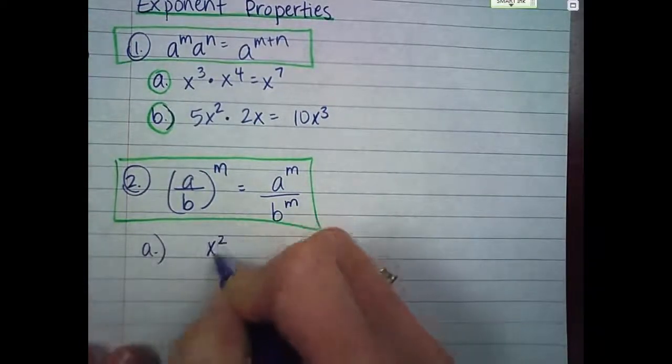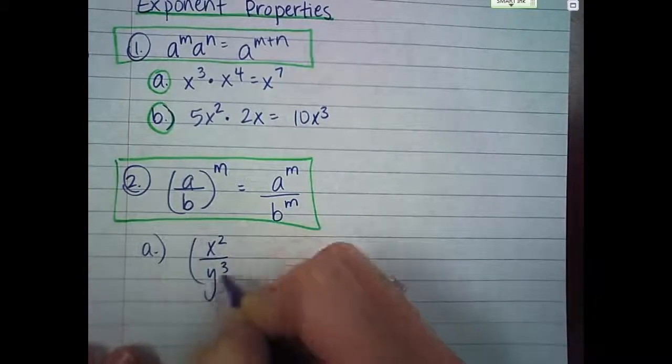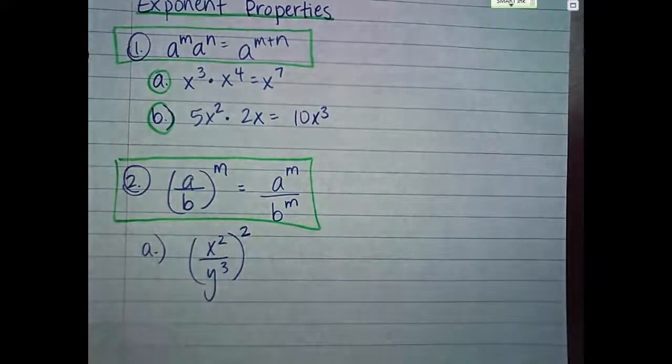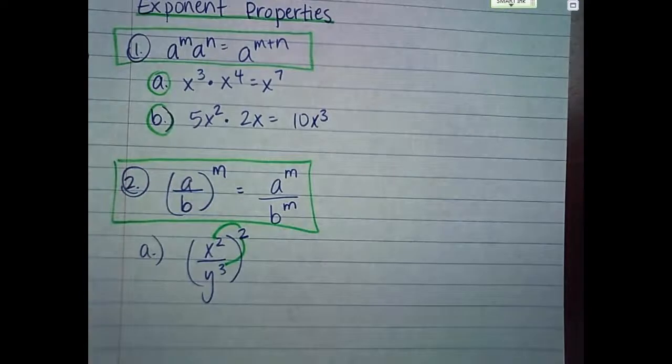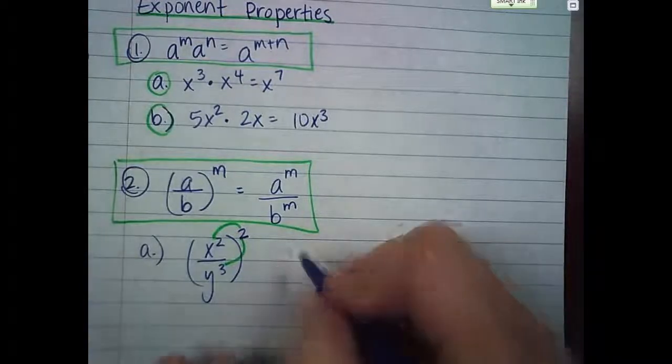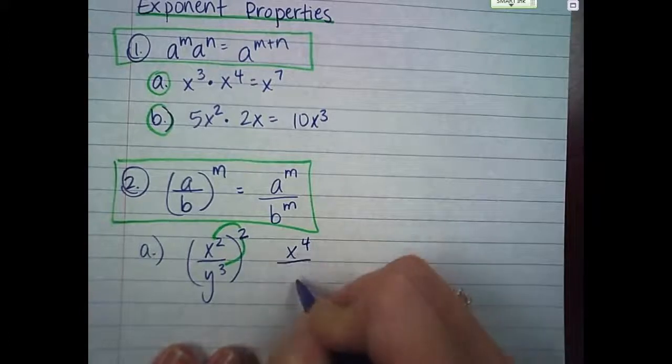Here's an example. X squared over y cubed, all squared. Remember, it goes to both here and here. So you get x to the 4th and y to the 6th.